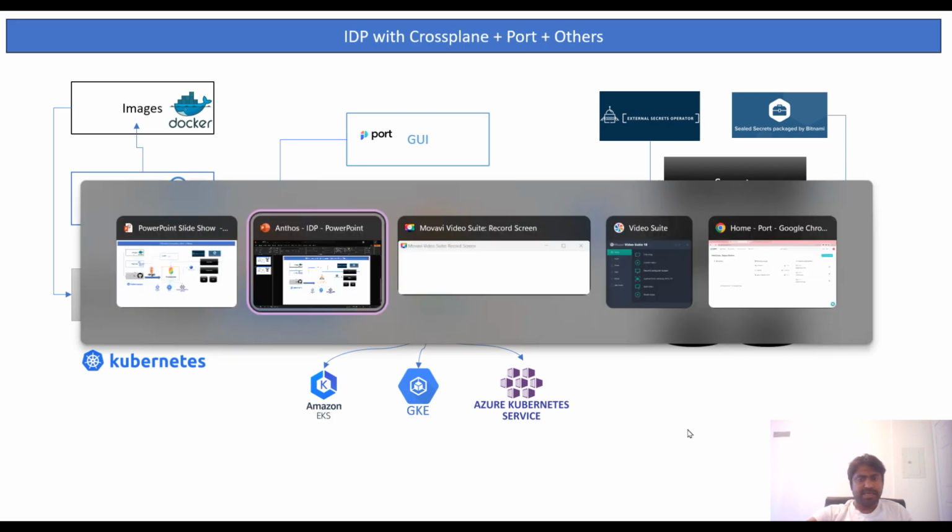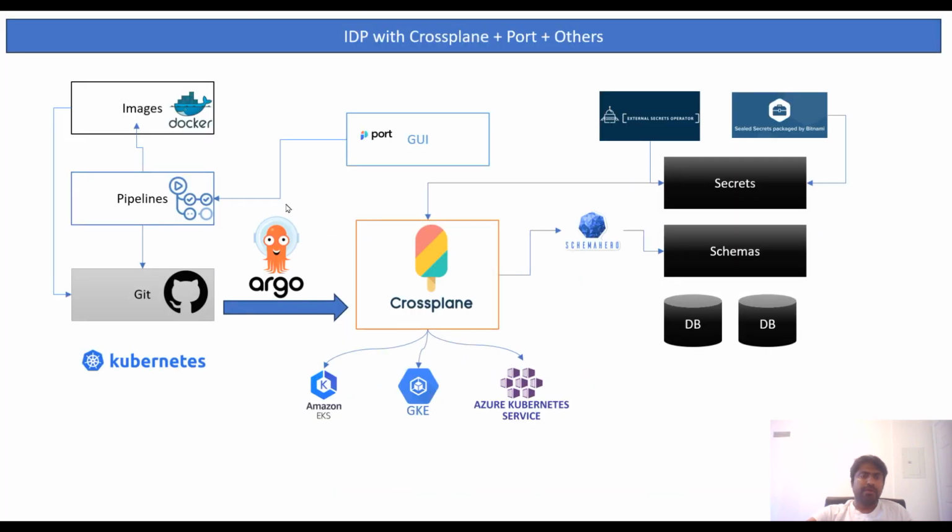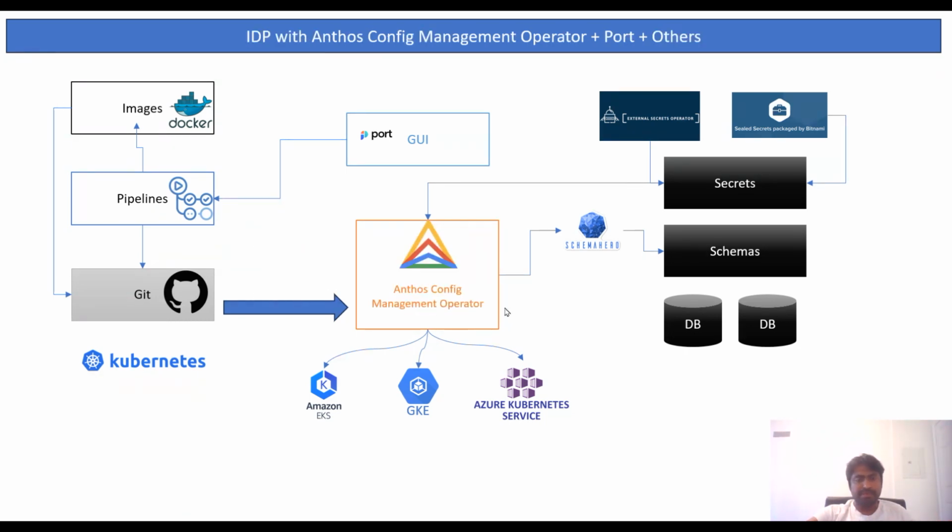Now let's try to understand the Anthos config management operator. It is the GitOps tool provided by Anthos. It allows you to integrate with your Git repo, and it will constantly monitor that repo.